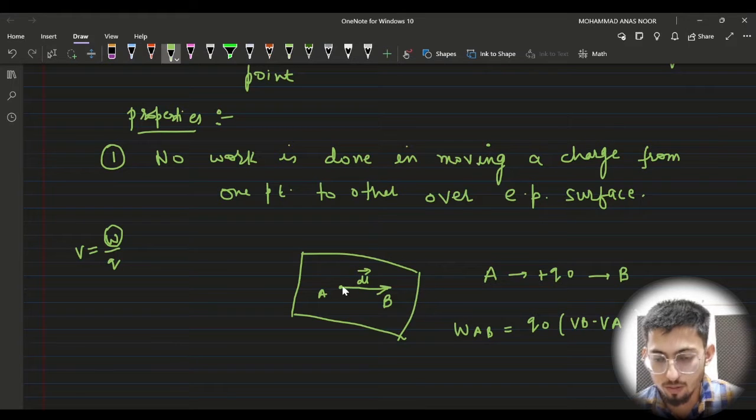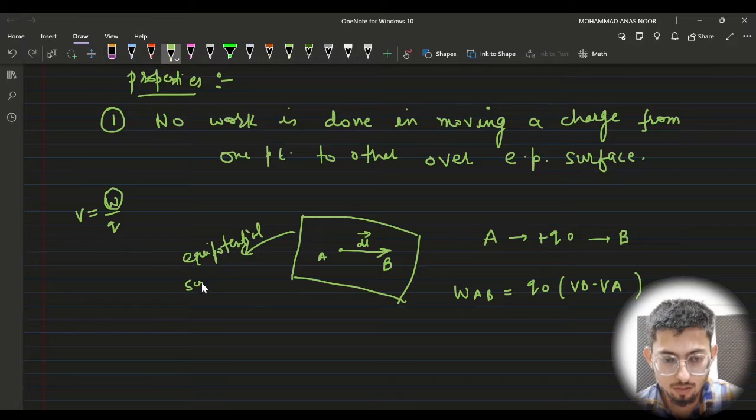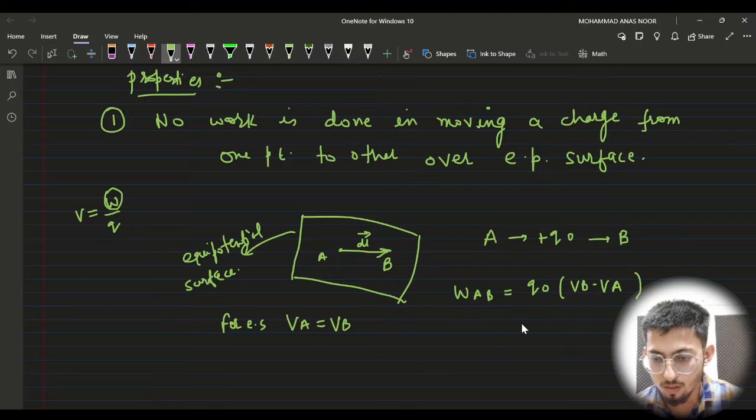Now, we have assumed that this is equipotential. So on equipotential surface, the potential at A should equal the potential at B. Then WAB would be how much? This would amount to 0 because they are equal.